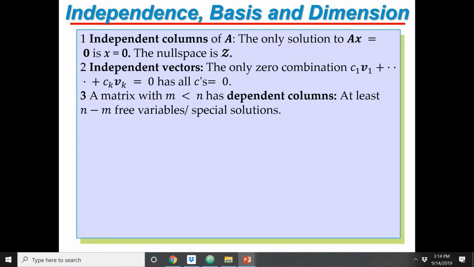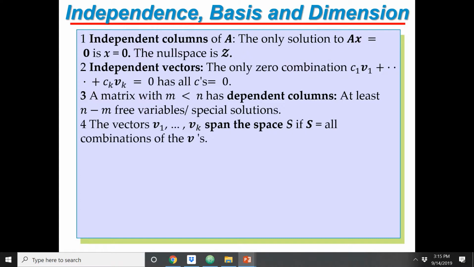We have too many columns, so they are dependent, and you can see this because the matrix has a rank that at very best is equal to m, so there are n minus m free variables that define a non-zero null space. So in that case, you will know that this problem leads to dependent columns.